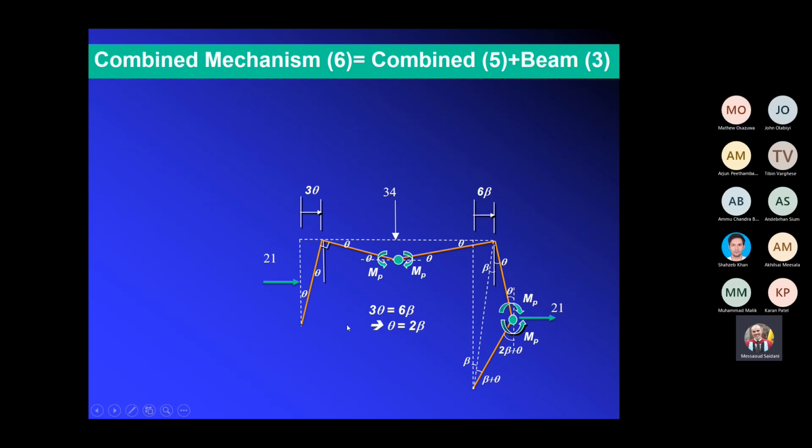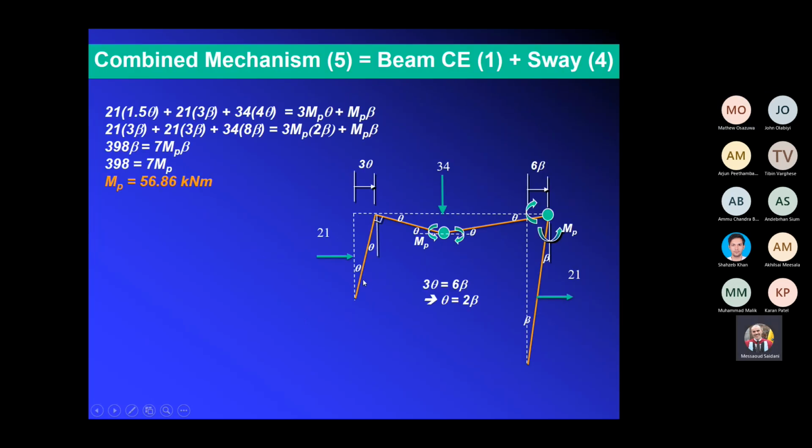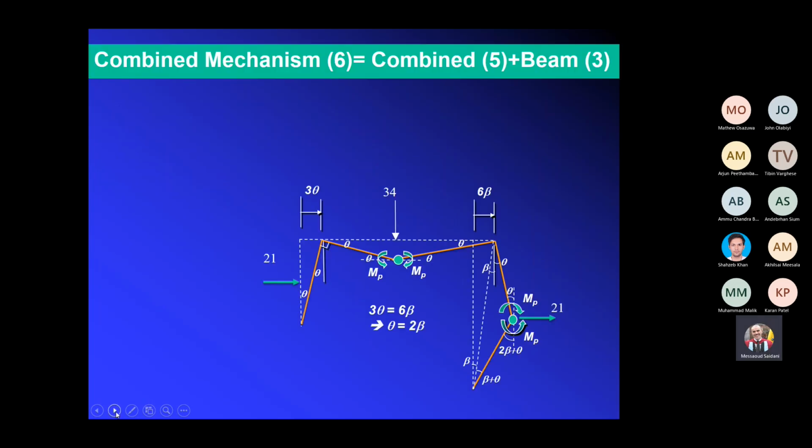Sorry, sir. Yes. So here you are combining three mechanisms. Yes, exactly. So what we've done, we are combining this mechanism here, which is beam and sway. So I'm taking this mechanism and combining with it this beam mechanism.